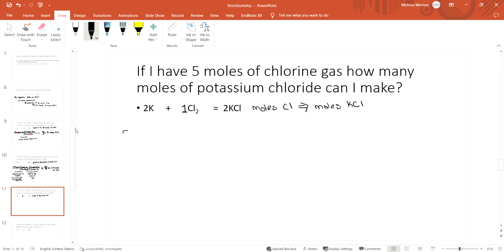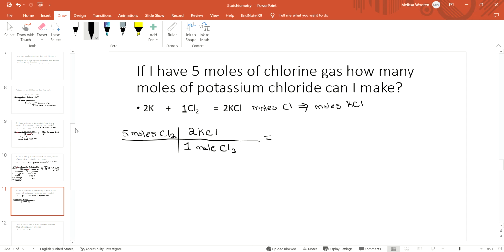But you start off with your given, of course, as we have been doing. So we're given 5 moles of chlorine gas, right? And now we know for every 1 mole of chlorine gas, should be putting Cl2, we have 2 moles of potassium chloride.